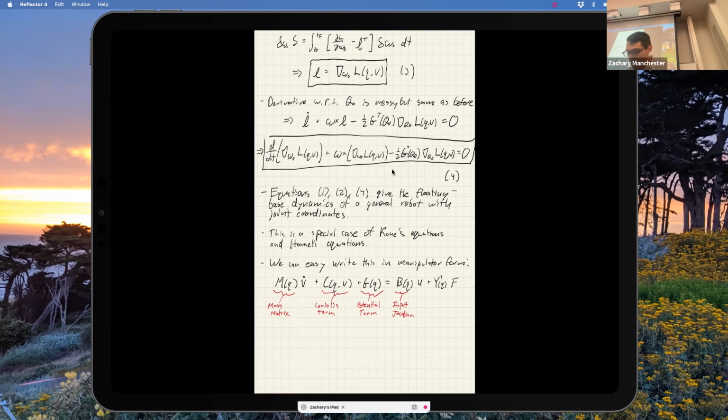Okay. And then the last note on this is that this is the more or less standard setup.